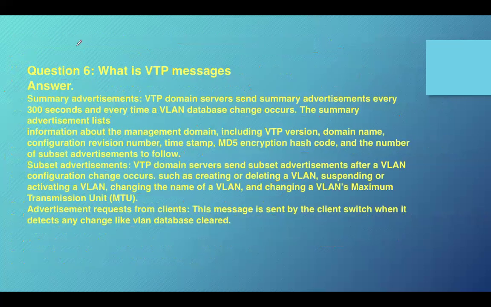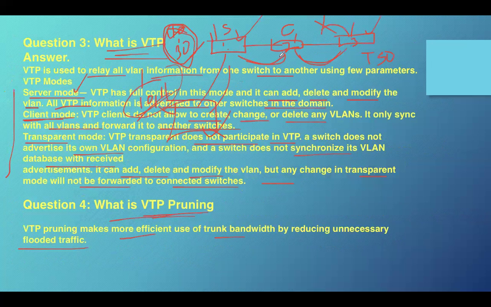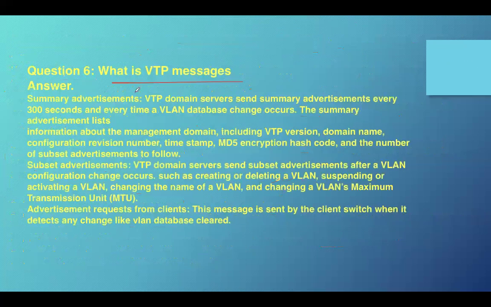Next question, what are VTP messages? Now, we just talked about this, VTP messages are sent, right? So these are the VTP messages, summary advertisement. What is summary advertisement? VTP domain servers send summary advertisement every 5 minutes, 300 seconds, and every time a VLAN database change occurs, right?